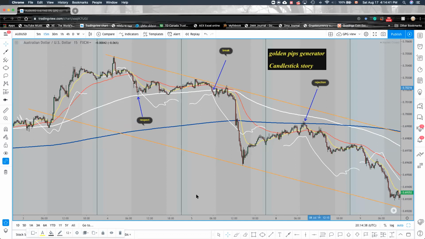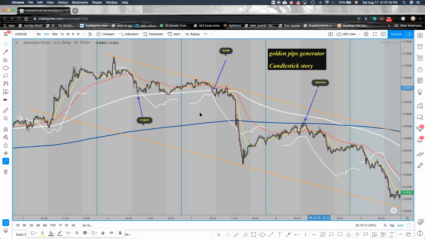I do not believe market can respect a little trend line I draw on my MetaTrader or TradingView. So when retail trader says, oh, the support was rejected or trend line was respected, I'll be like, how can you say that? How can you think your little line can control and make the biggest financial market stop and reject?